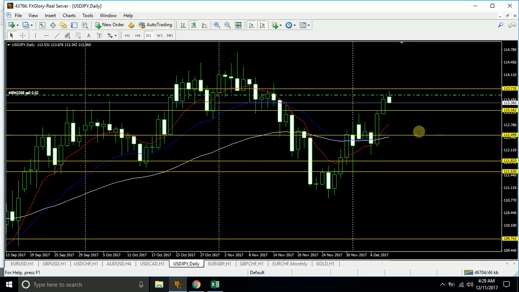See a breakdown in here for the daily, coming down towards revisiting the 112.5 level right here. Now once we revisit this 112.5 level, at that time we should get a pattern to indicate whether or not we're going long or going short. But for now we are going short to at least the 112.5 level.